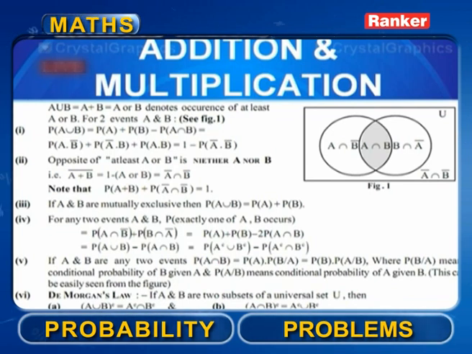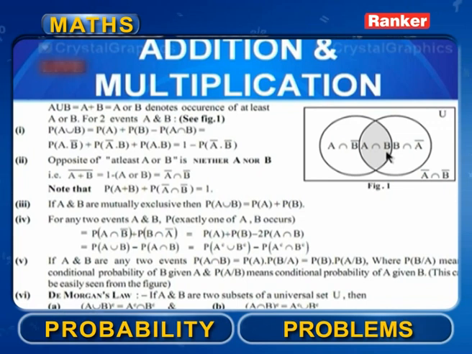A intersection B complement: only A occurs but not B. What is the meaning of A intersection B? Both A and B occur, and the intersection stands for this. So whenever you get confused with such notations, it is better to always follow the Venn diagrams.